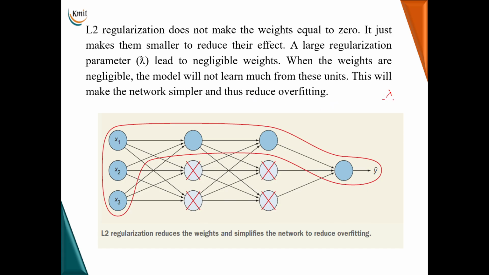Because we are multiplying lambda by 2m with w square, and as this regularization parameter lambda is very high, it reduces the weight value, and when the weight value is negligibly small, the model will not learn much from these units and it will make the model much simpler. So as the weights are getting reduced, these neurons are getting nullified.